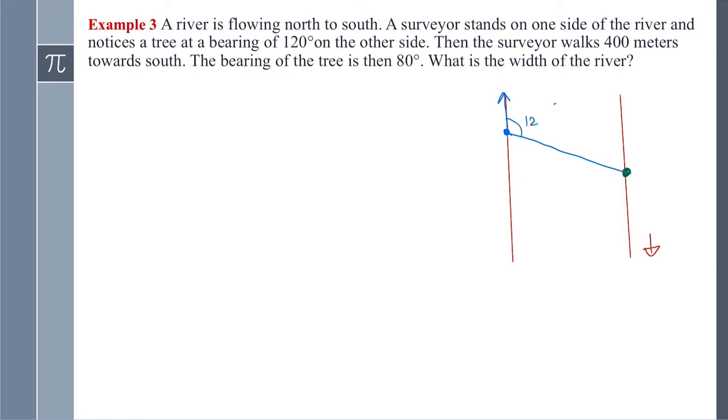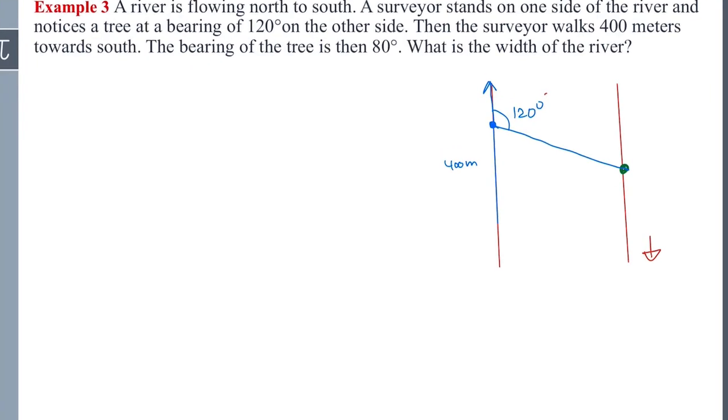Then the surveyor walks 400 meters towards the south, and then he looks at the same tree and has a bearing of 80 degrees. So if he's standing here now, this is north, so the angle that we have is this angle, which is 80 degrees.